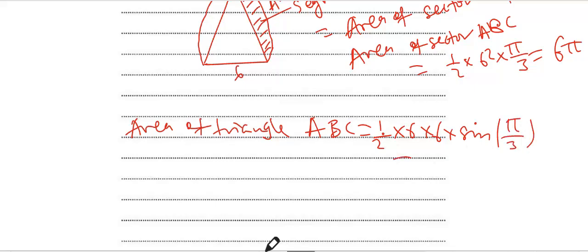Right. And this should be able to give us 9 root 3. Now, area of the segment. Sorry about that. So we are looking at area of segment, because this is area of triangle, 9 root 3.